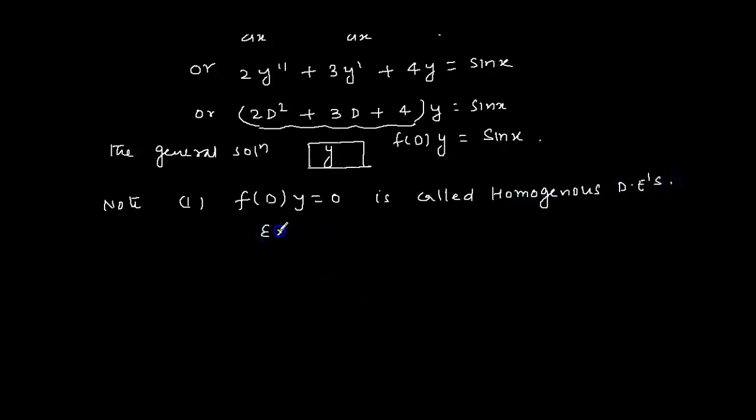Like for example, d square plus 2d plus 3 of y is equal to 0. The right hand side is 0, so it is said to be a homogeneous differential equation.